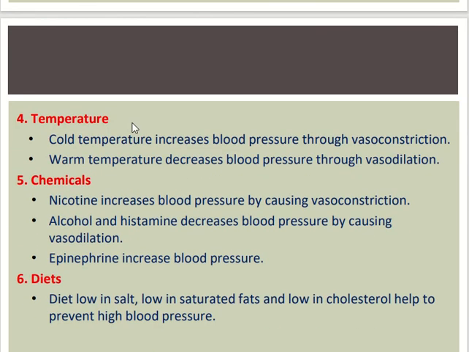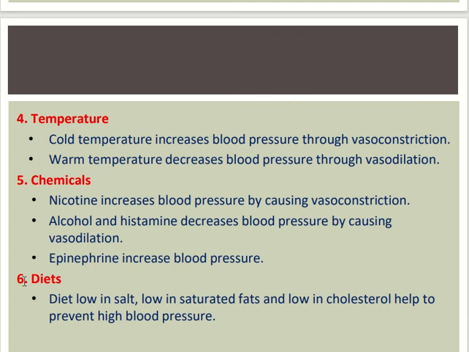Next is temperature. Cold temperature increases the blood pressure because of vasoconstriction. Warm temperature will decrease your blood pressure due to vasodilation. And chemicals can also affect your blood pressure, such as nicotine, which increases the blood pressure. Alcohol decreases your blood pressure. And then epinephrine, or adrenaline, will increase your blood pressure, and also diet.